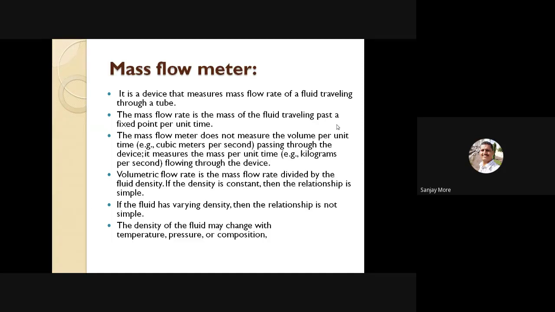Next line. They do not measure the volume per unit time passing through the device.